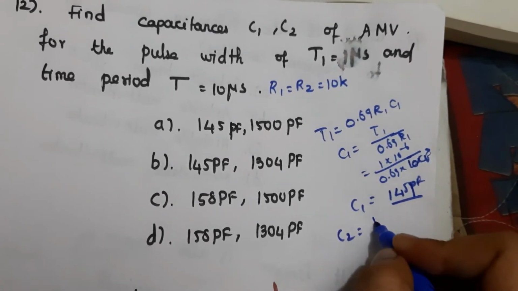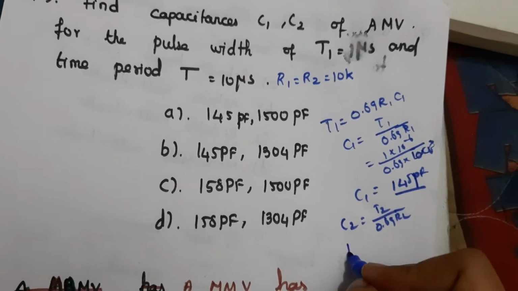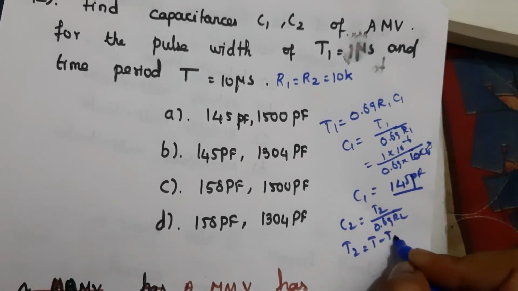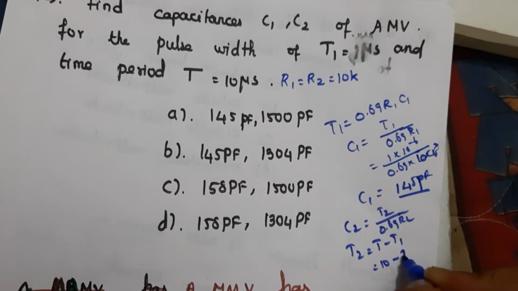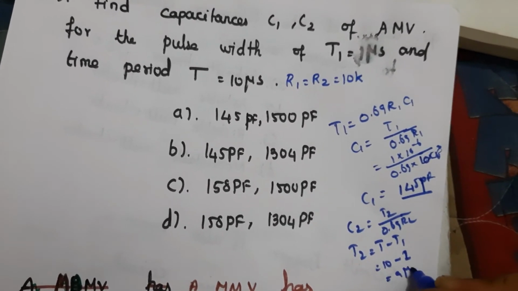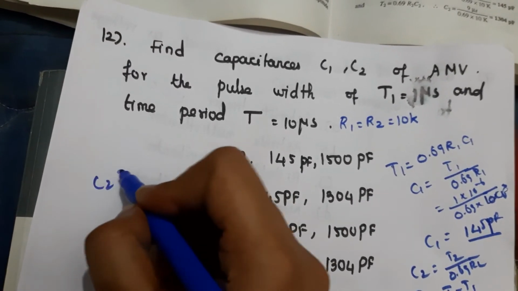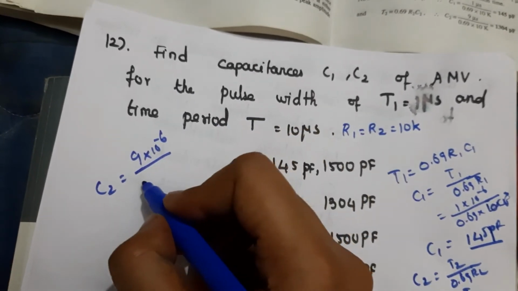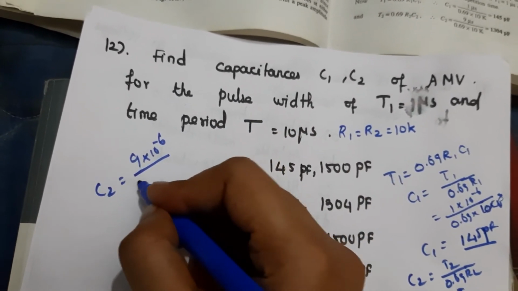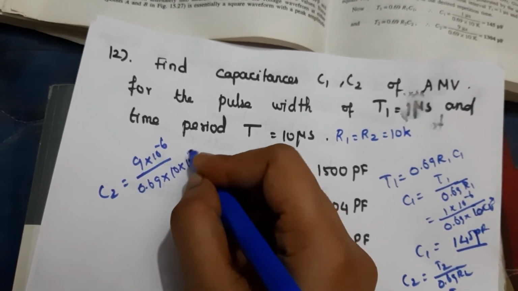Similarly, C2 is equal to T2 divided by 0.69 R2, and T2 is equal to T minus T1. Here T is 10 microsecond and T1 is 1 microsecond, so we will get T2 as 9 microsecond. Then C2 is equal to 9 microsecond divided by 0.69 into R2, 10 into 10 to the power 3.